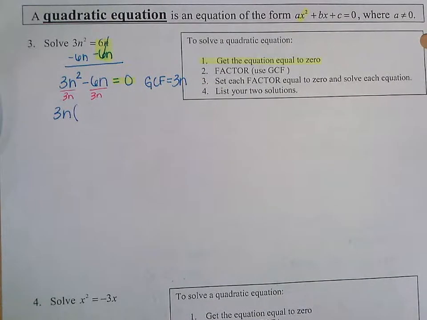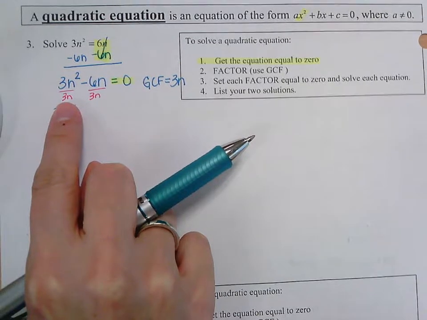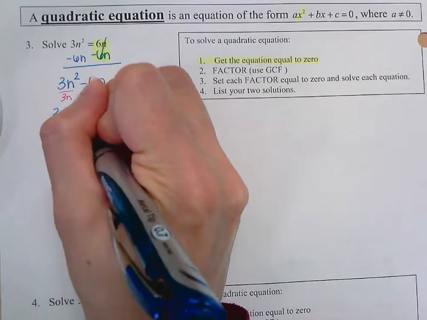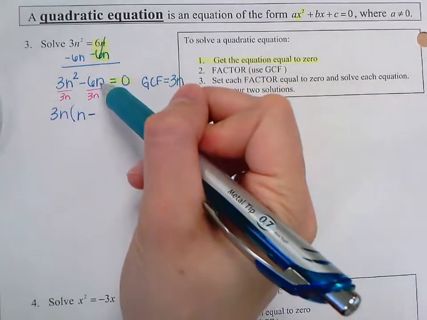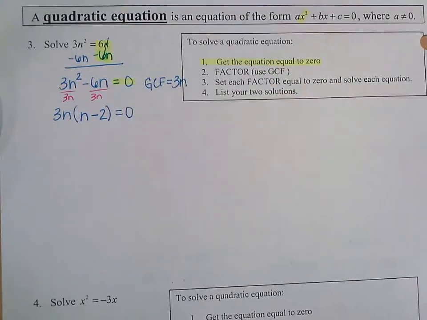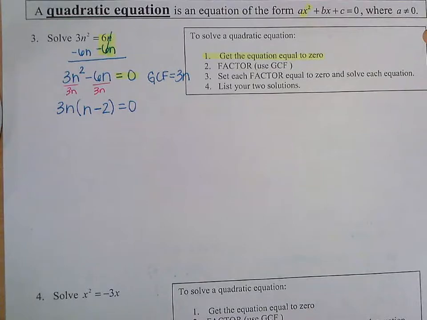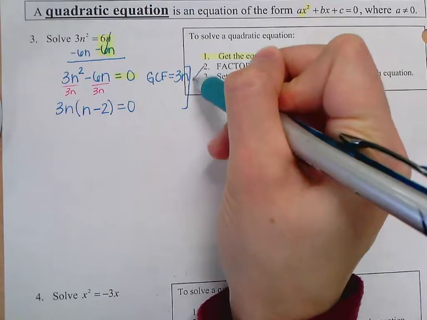In the parentheses, divide them both by 3n. So what is 3n squared divided by 3n? N. Or 1n. If you put the 1 there, that's fine. And then minus 2. And then I still have my equals 0. So this was step 2.